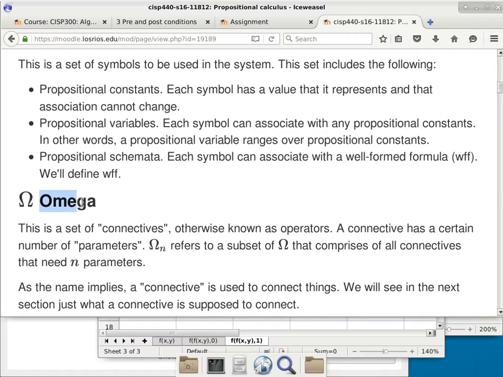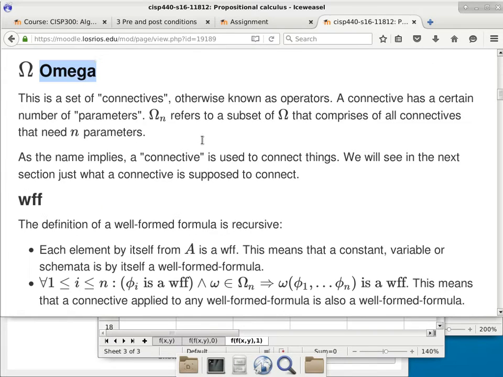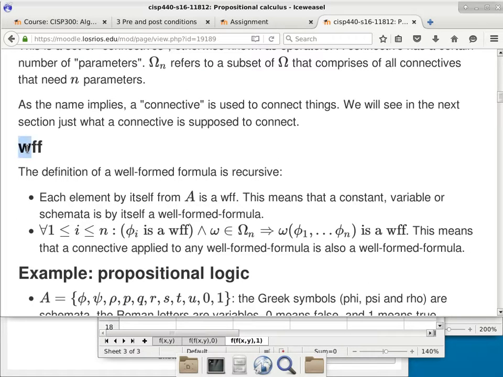Omega are the connectives. They're basically operators. And then we talked about what is a well-formed formula. A well-formed formula is basically things they can make out of elements of A, the alphabet, and also the connectives.